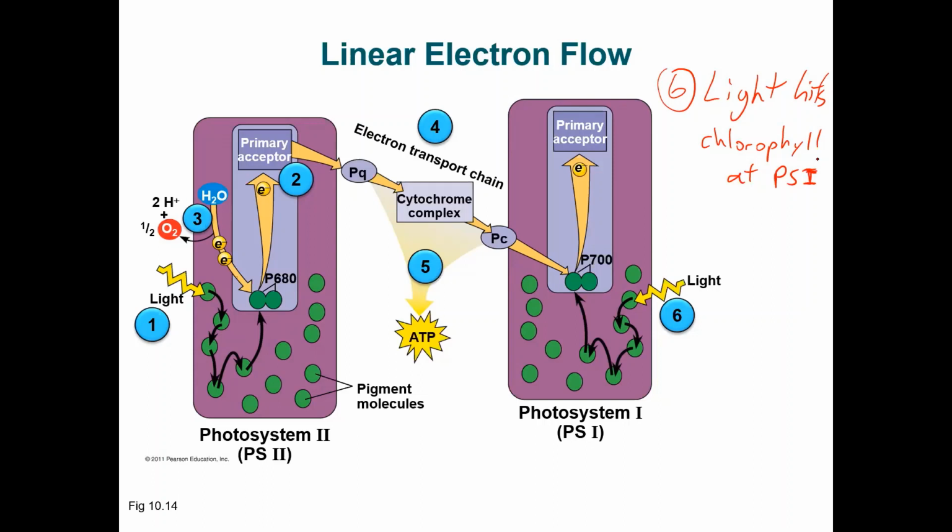So that's it at this point. Where do the electrons come from to replenish that chlorophyll? Those electrons come from photosystem 2, from what we talked about. So ultimately, way back to step number 3, they came from water. In this case, more chlorophyll is being excited, those electrons are getting stripped off, and the electrons are getting replenished from the earlier photosystem.